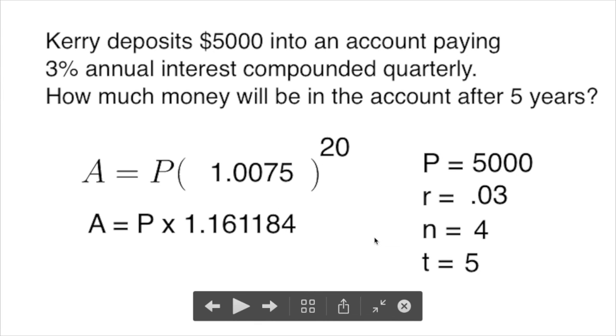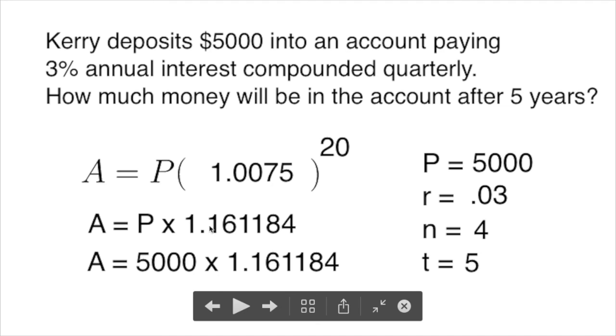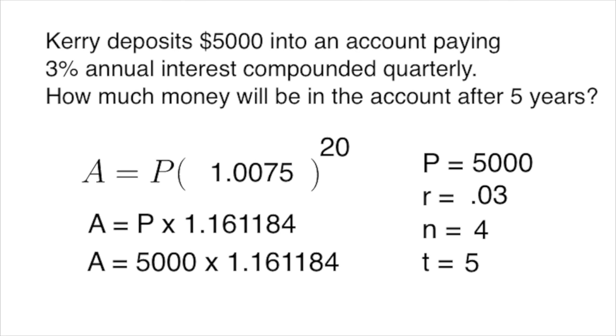I kept it on my calculator, I saved it, and then I multiplied that number by the principal, which is 5,000. If you round it now, your final answer will not be accurate, or it could not be accurate. You never know, but it's a good chance that it won't be accurate. So do not do any rounding here. Whatever number your calculator says, use that multiplied by 5,000 or whatever your principal is. In this case, it's 5,000. And the answer that you get there, that's your final answer. That's when you do your rounding.